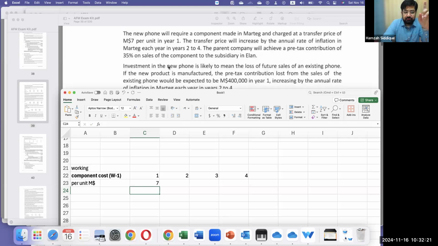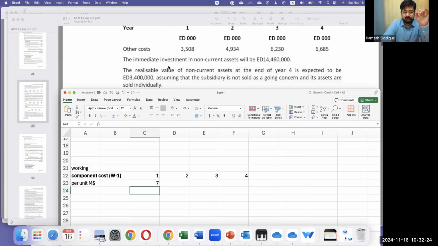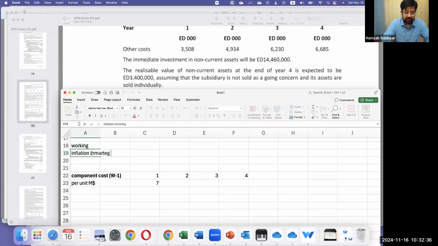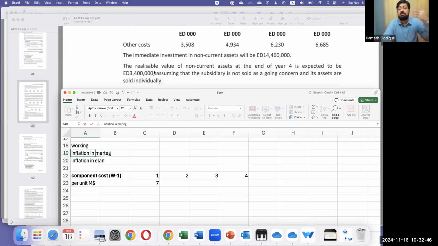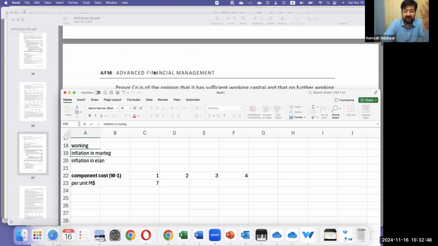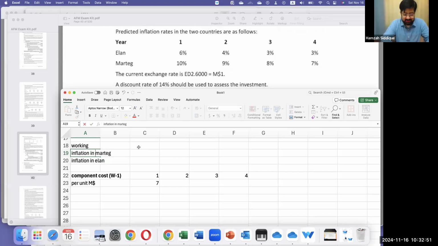Okay. And then inflation rate. What if I do a favor to me? I will write inflations here because it is going to help me. Inflation in Maltech and inflation in Elan. Okay, because it is to be used in the calculation again and again. In exam, you can simply copy paste.